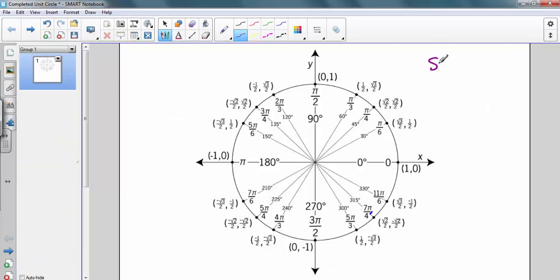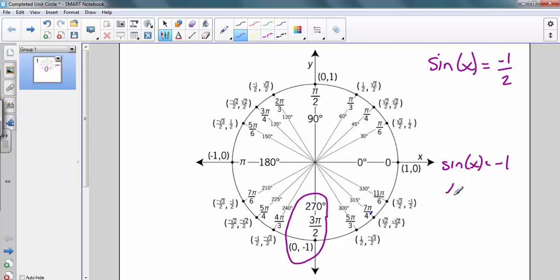I have the sine of x equal negative 1/2. And then I had the sine of x equals negative 1. So again, the sine is my y value, so I'm looking for y values that equal negative 1. And the only place that happens is down here when x would equal 3 pi over 2.